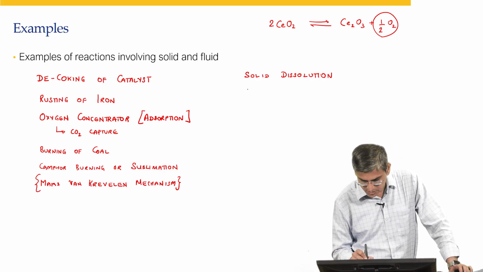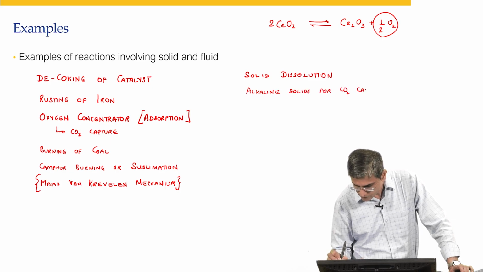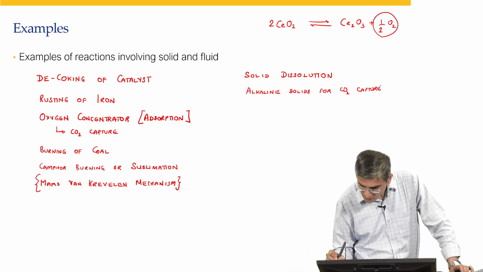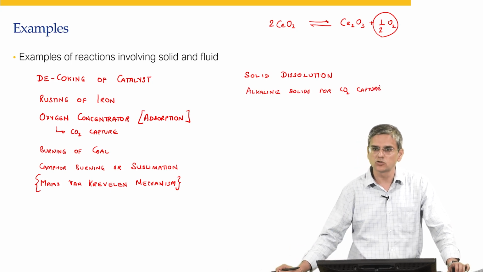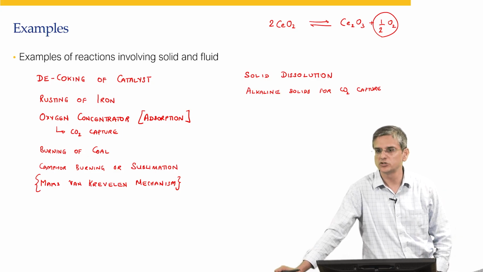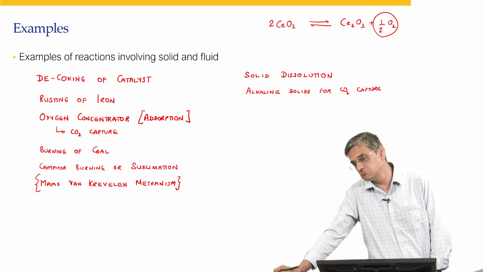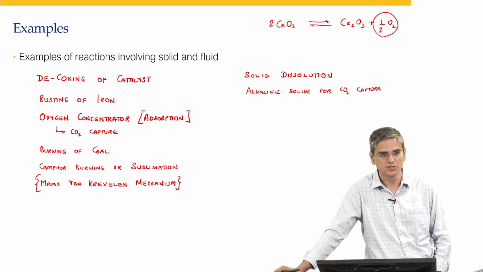Other thing is you have alkali. The most common material that is industrially used for CO2 capture is monoethanolamine. It's a liquid. The problem with which is something that we will do in the next module. The problem with monoethanolamine is regeneration is very expensive.